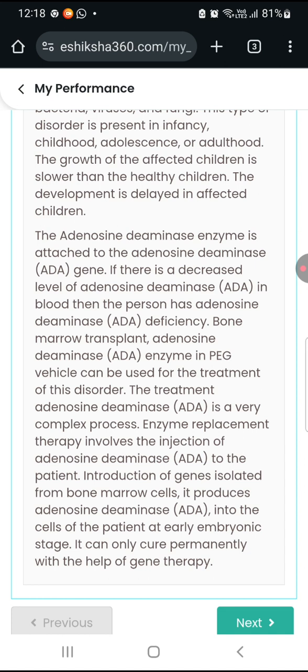Introduction of genes isolated from bone marrow cells produces adenosine deaminase (ADA) in the cells of the patient at early embryonic stage. It can only be cured permanently with the help of gene therapy.